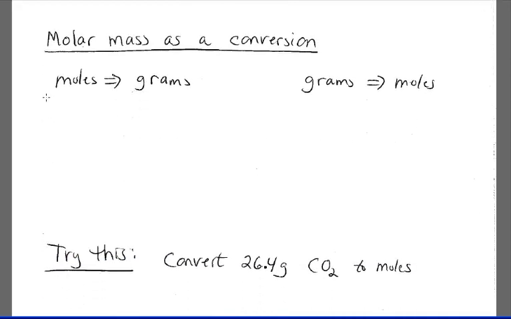Okay, so let's do an example of each. Let's convert from moles to grams: 1.21 moles of iron 2,3 oxide to grams. To do that, we start with the number we have, 1.21 moles.